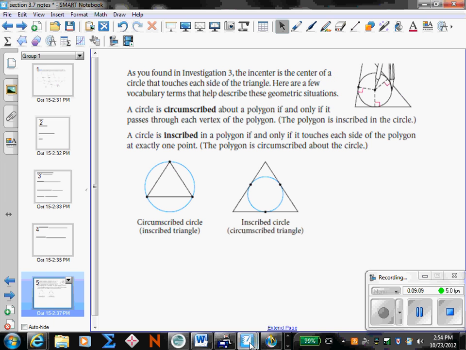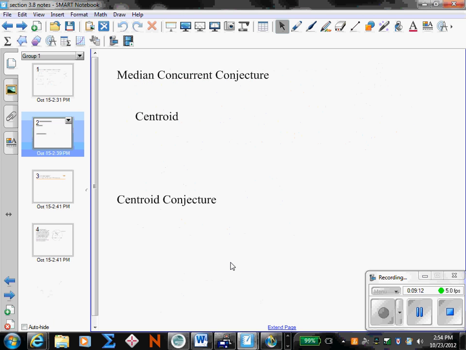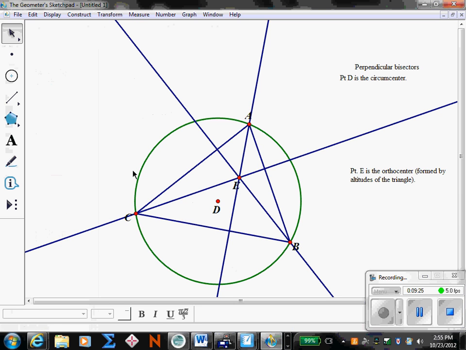Okay, we're going to do one more conjecture. In construction, we are going to construct the medians. Remember, a median goes from the vertex to the midpoint of the side opposite. So on our triangle, I am going to hide some of these objects.